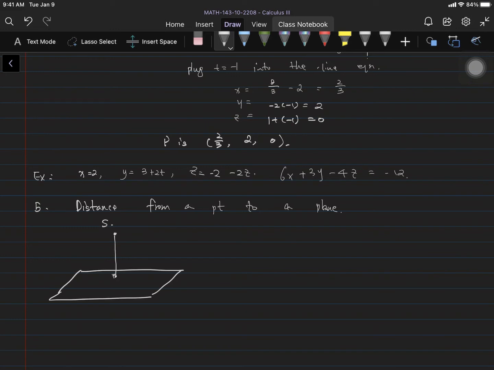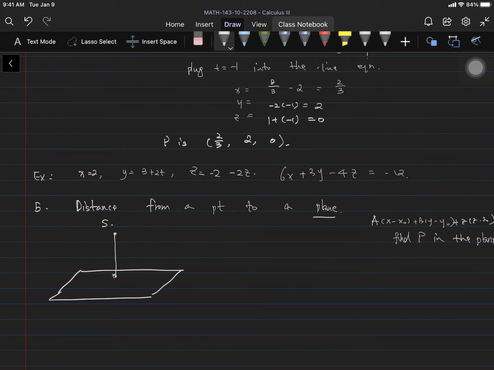If we take a look, I'm going to draw a point in the plane, because for a given plane, x minus x naught, y minus y naught, z minus z naught, we can find a point in the plane.